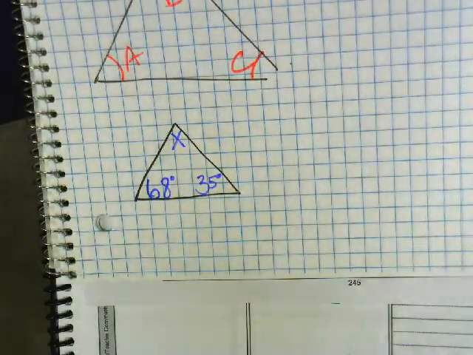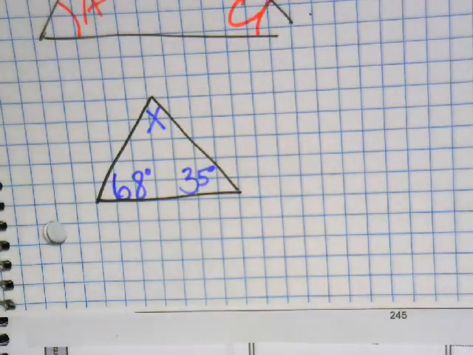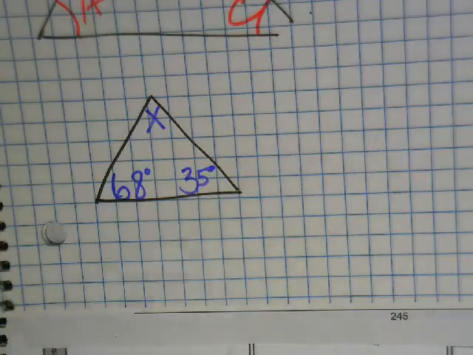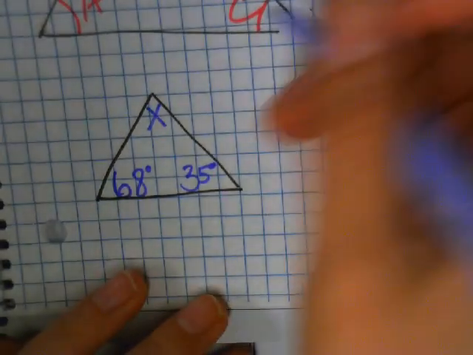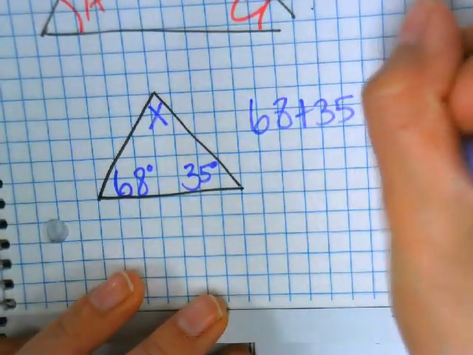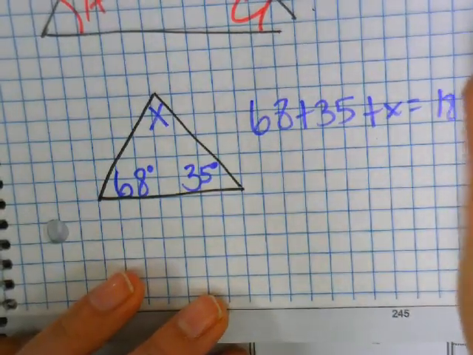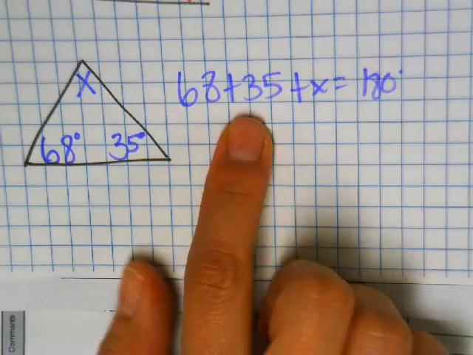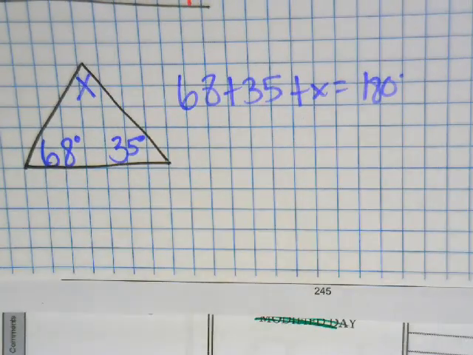Okay? And so they're going to say, hey, what is X? And you're like, but I don't have a protractor. How am I supposed to do this? Well, you use math. You know that if it's a triangle, if you add up all of your angles, it equals 180. So here are all my angles added up. 68 plus 35 plus X equals 180.